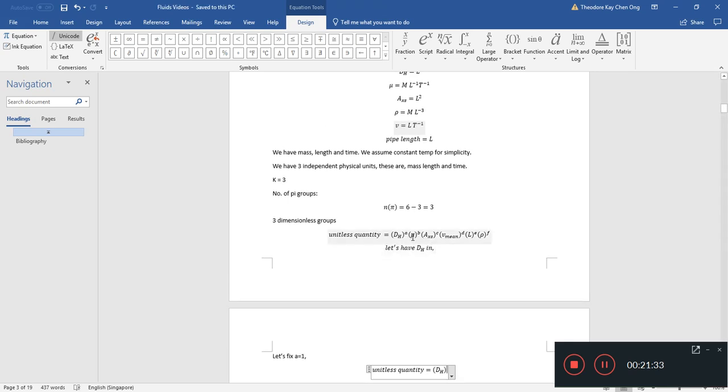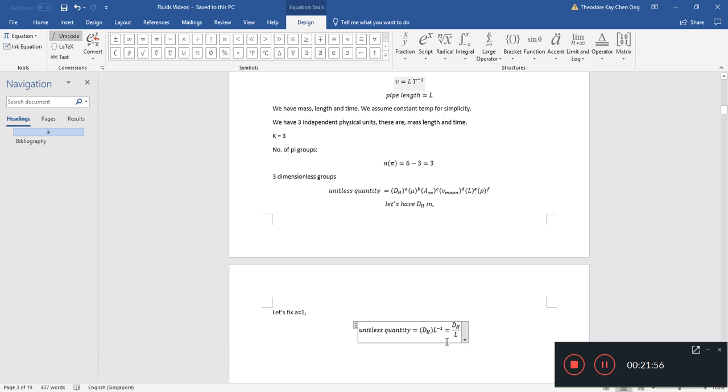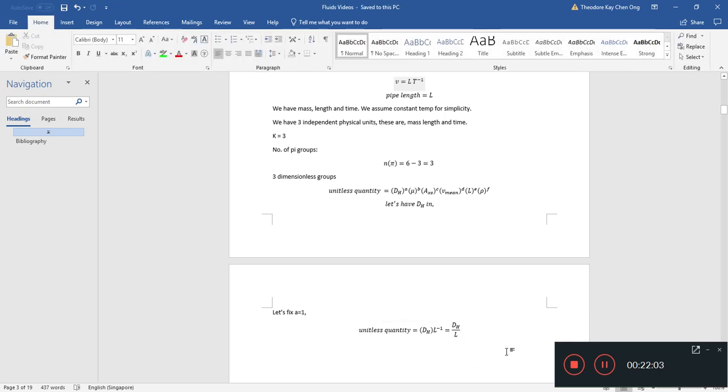And what can we put in to make this a unitless quantity? Well, the most straightforward idea is to get this L to be minus 1. So L to the minus 1, and that will just give us d_h over L. Because this is in length units, this is also in length units, and both of them divide each other out. So the next one may not be so easy.